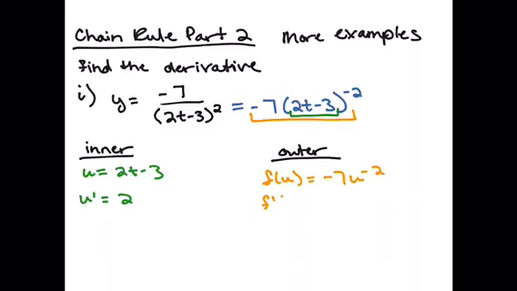And the derivative of that, then -2 will come out front. I'll get 14u to the -3.